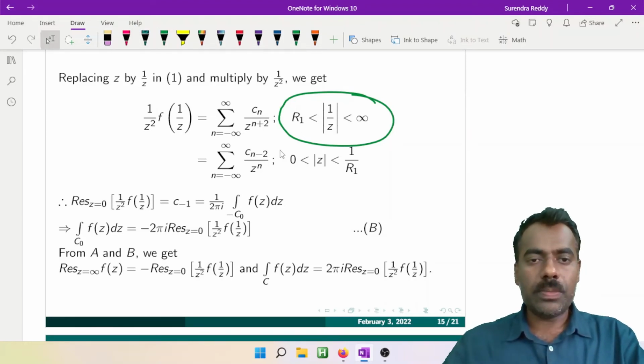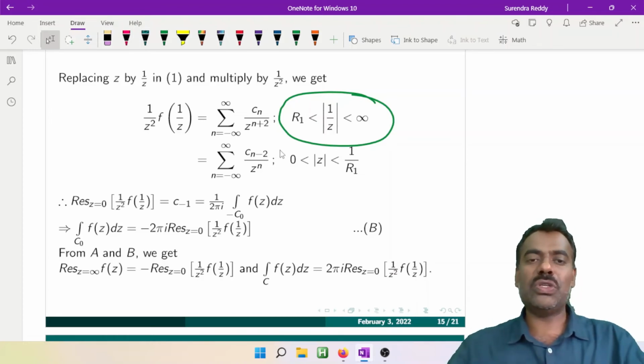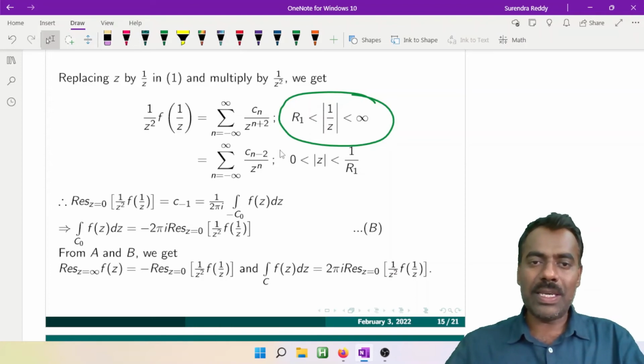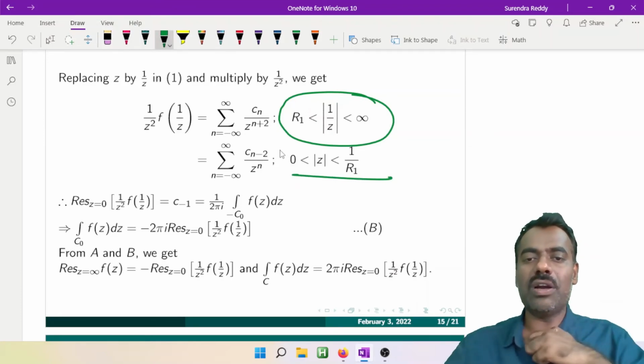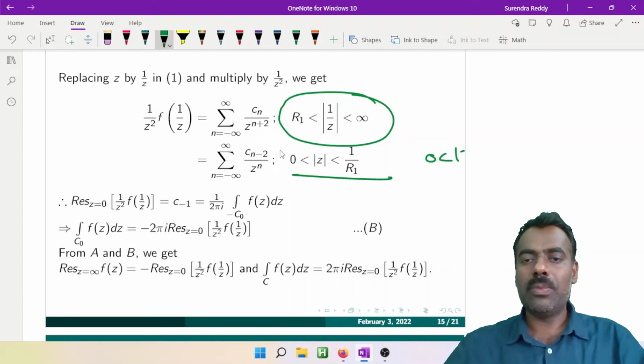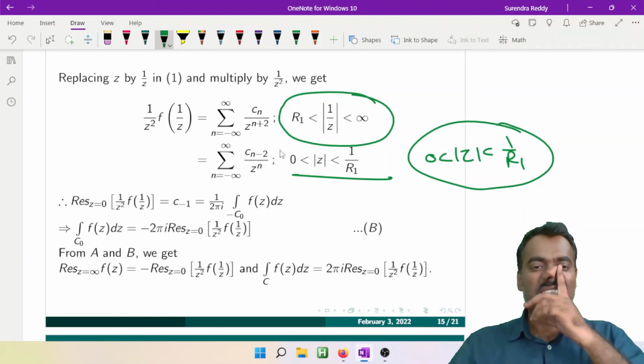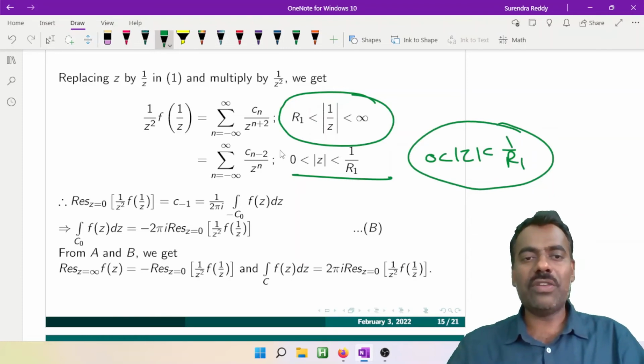You simply take this z inside, z power n plus 2, then you rearrange: n plus 2 is equal to some m, then this will become c m minus 2, then z power m. And when you change this, you will get this. So from mod z greater than r, to infinity, we get a final region 0 less than mod z less than 1 by r1. This is the new function, which is 1 by z square f of 1 by z.